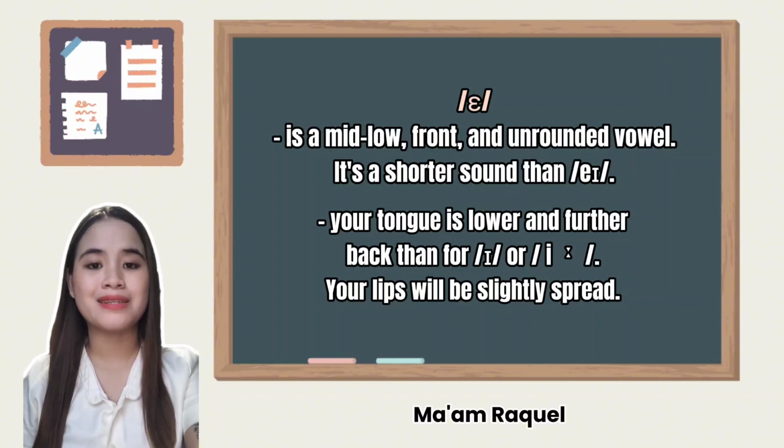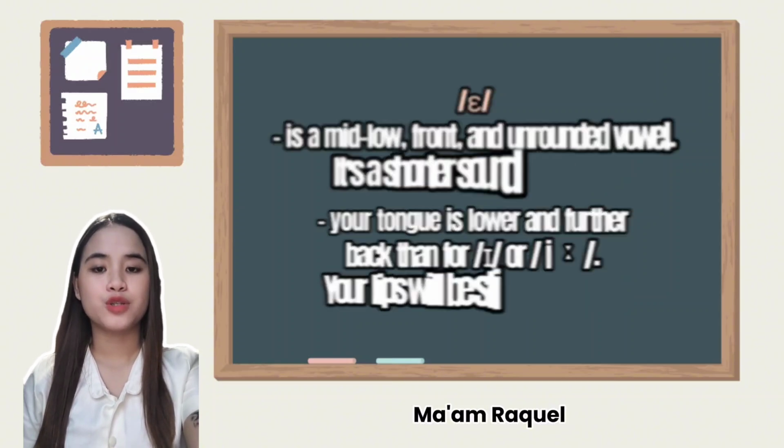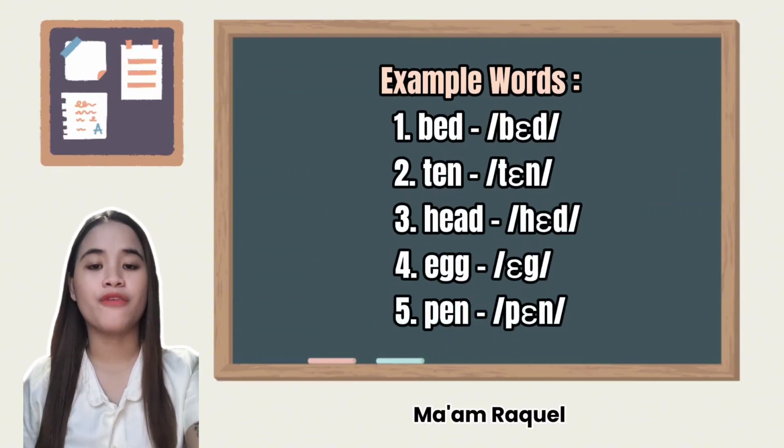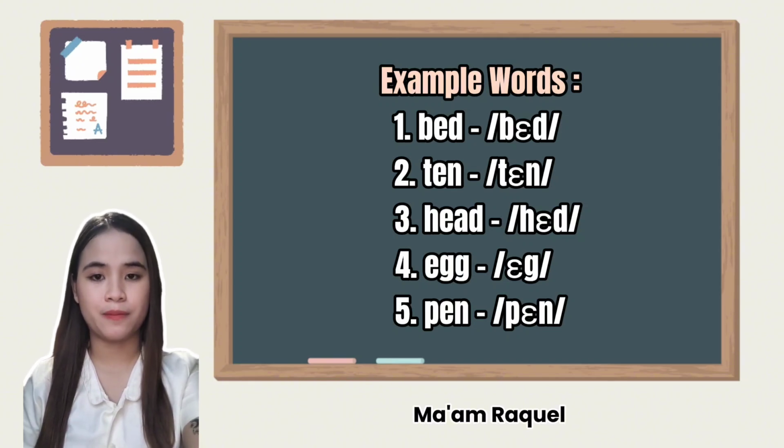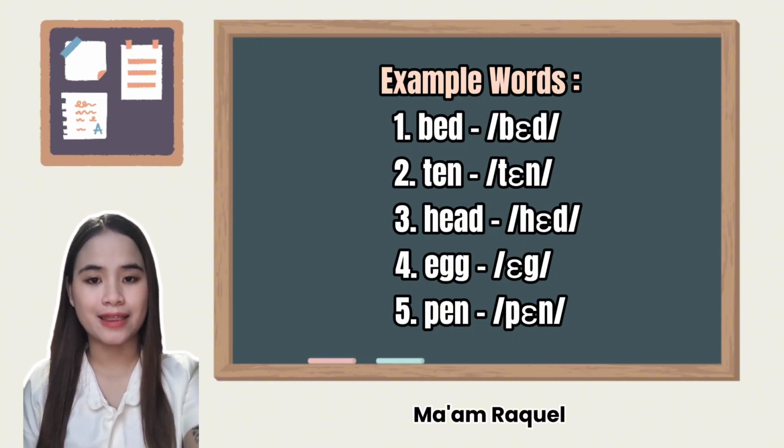Your lips will be slightly spread. So, these are the examples of this sound, including its IPA transcriptions. Number 1, bed. 2, ten. Number 3, head. Number 4, egg. And the last is pen.